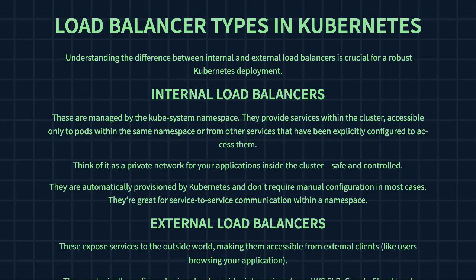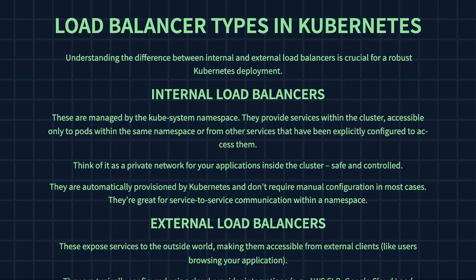Okay, let's talk about load balancers in Kubernetes, specifically the difference between internal and external ones. Internal load balancers are like a private hallway inside your cluster. They allow services within the same namespace to easily talk to each other. Kubernetes handles all of this automatically for you. It's super convenient.